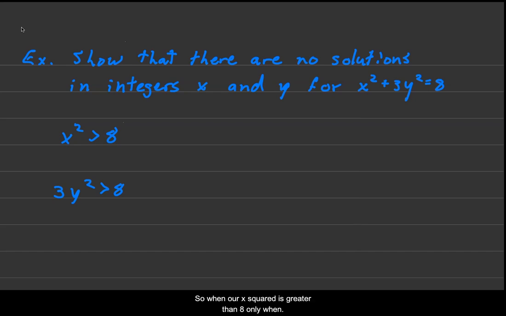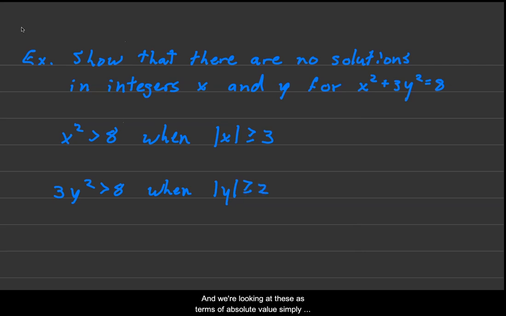x squared is greater than 8 only when the absolute value of x is greater than or equal to 3. And 3y squared is greater than 8 when the absolute value of y is greater than or equal to 2.